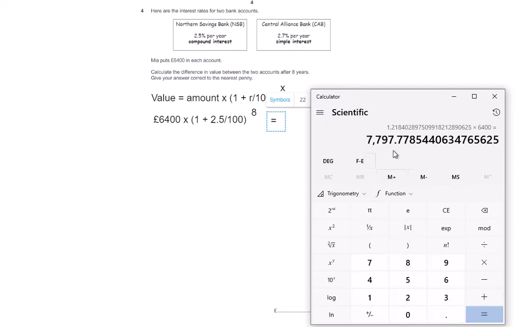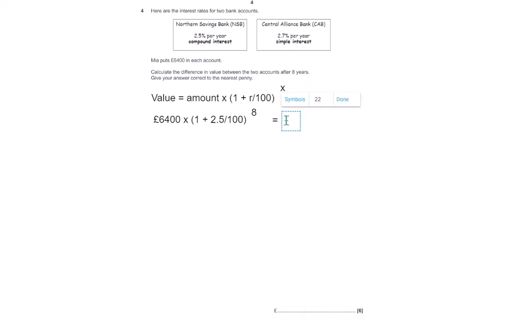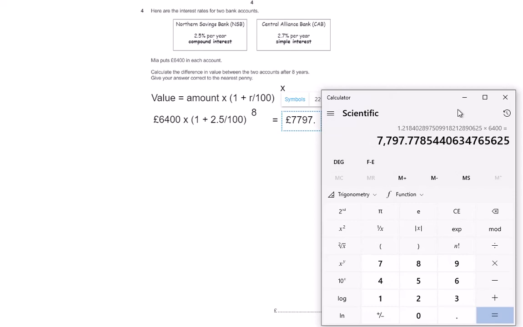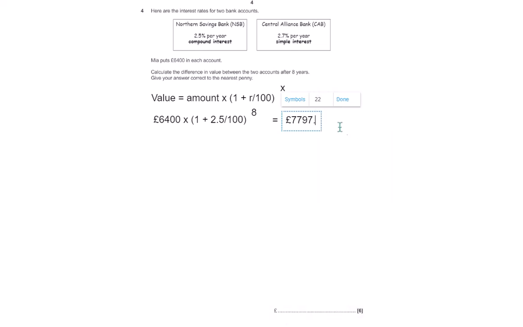And we get an amount 7797.77, so £7,797 and 78p, £0.78 to the nearest penny.